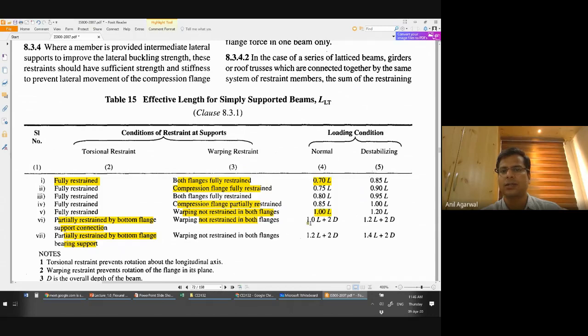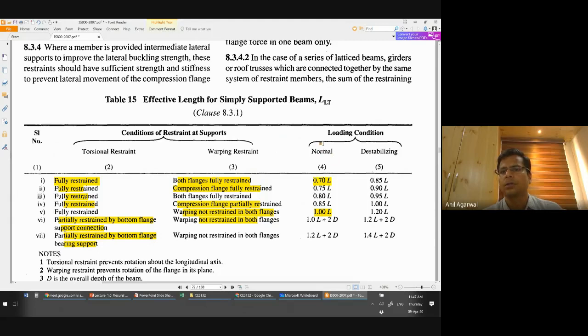Likewise, for this one, you will take 1.0 L. And as you can see, from the top to the bottom, it is becoming more and more flexible, and that's how these restraints were placed. So as the boundaries become more flexible, your effective length keeps increasing, minimum 0.7 L up to 1.2 L. And then if you're allowing the partial rotation, then you have to consider 2D, 2 times the depth, added to the effective length of the member.